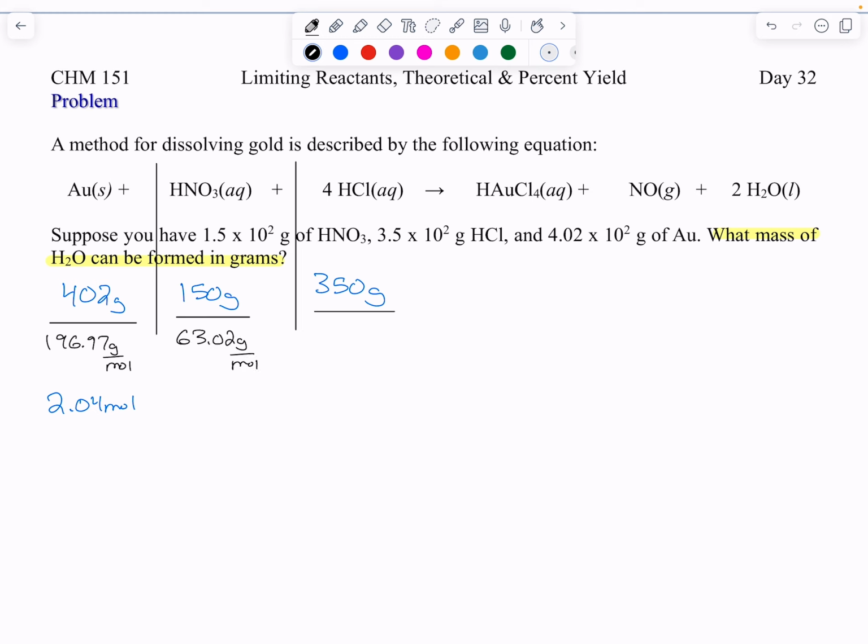So 150 divided by 63.02, I get 2.38 moles. HCl weighs 36.46 grams per mole. And so if we do the 350 divided by 36.46, I get basically 9.60.